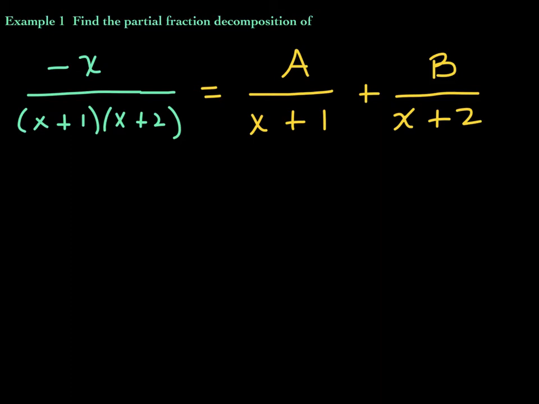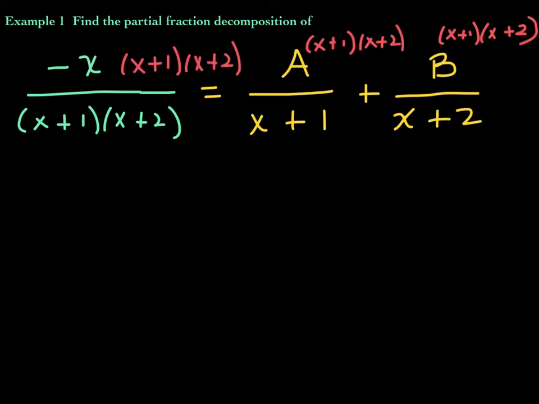So this is what I'm going to do. I'm going to multiply both sides of this equation by the LCD. Now, the LCD will be the product x plus 1 times x plus 2. So I'm basically going to multiply both sides by this complete denominator.